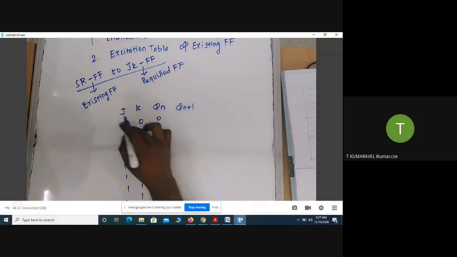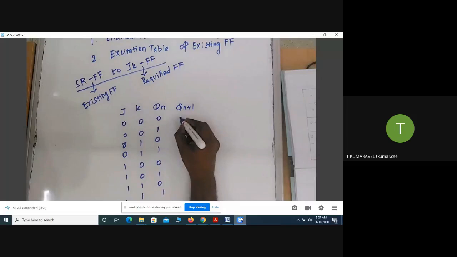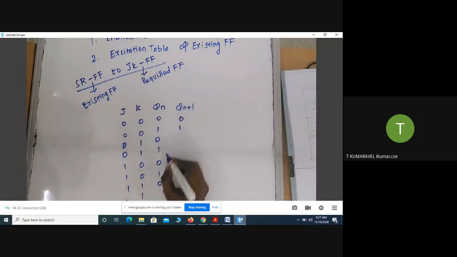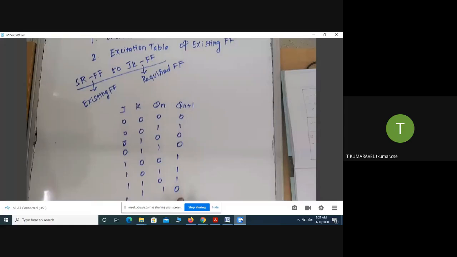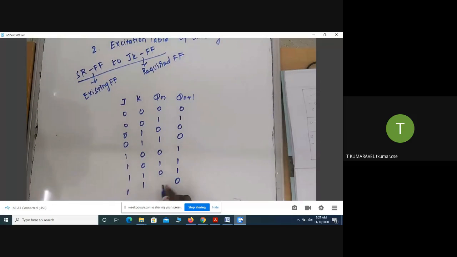If the input combination is 0 0, it will return the previous stage output. If 1 0, it should appear in the reset state. What about this one? If the input combination is 1 1, it's the complement of the previous stage output.